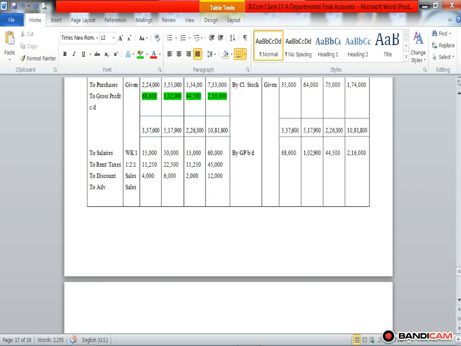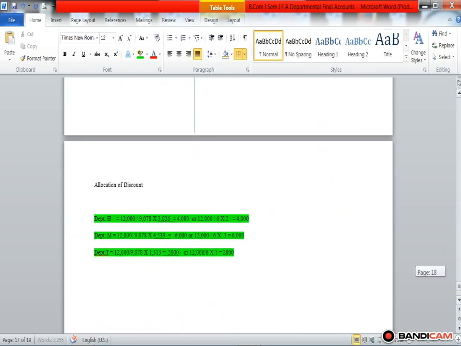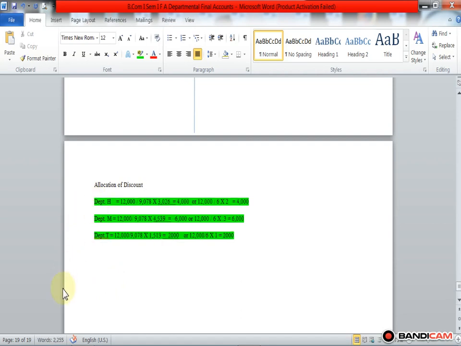Advertising is distributed on the basis of sales. So allocate the advertisement expenses among each department. So here advertising.